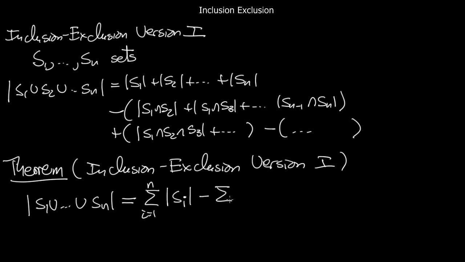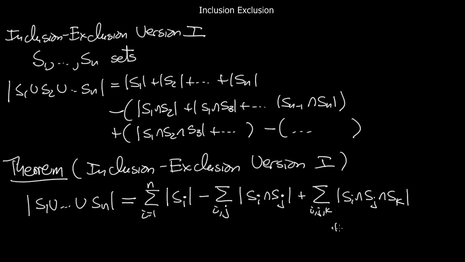You first add up the orders of all of the Si's, and then sum over i and j and subtract off the intersections of all pairs, and then add back the intersections of all triples, so that's sums over i, j, and k, distinct, of course. And all the way down to the very last term, which is minus 1 to the n plus 1 times the order of the intersection of all of the sets. And that is the inclusion-exclusion formula.